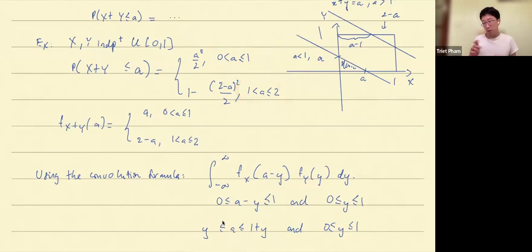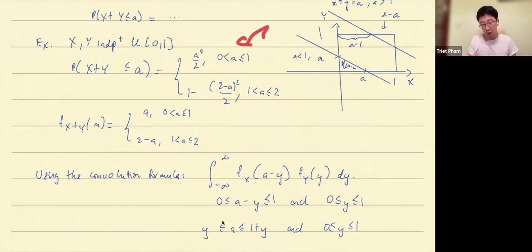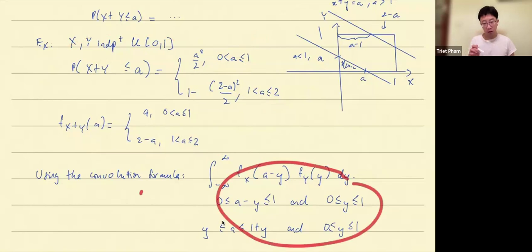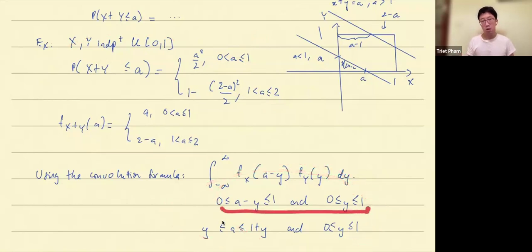Well, I'm saying this because I have the benefit of hindsight, meaning that I have done the problem from scratch, so I know that's the natural division of a. If I were to do this question using the formula and just having symbols staring at me like this, yes, I might be able to figure out that 1 is the natural division point of a, but it won't be that easy.